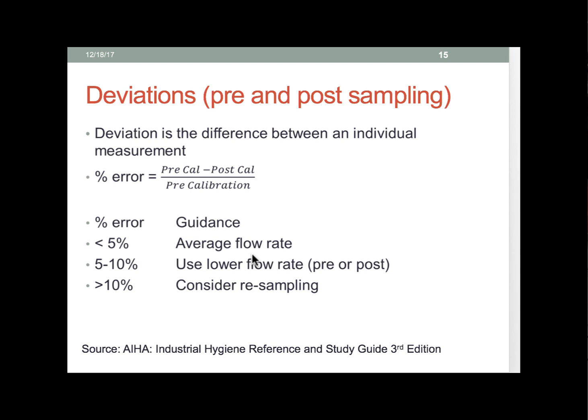If they differ by between 5 and 10%, then we use the lower of the two flow rates. If they differ by greater than 10%, then we should consider resampling. And we'll now do a calculation.